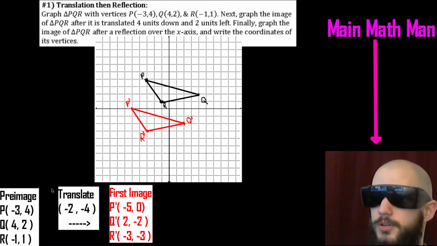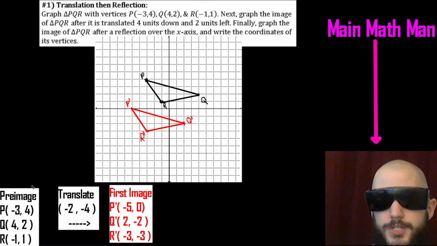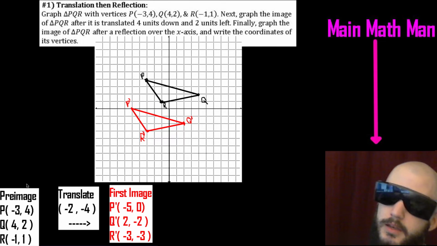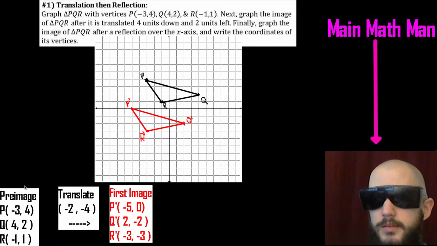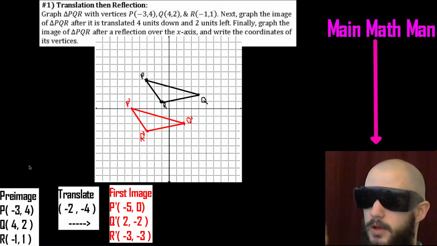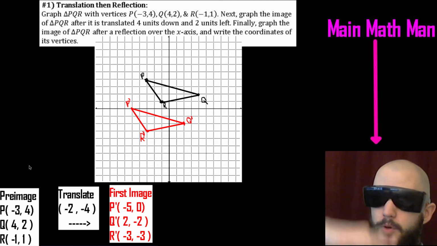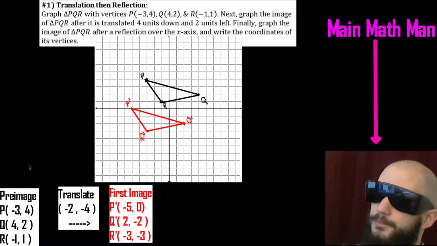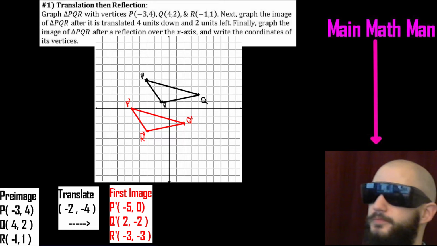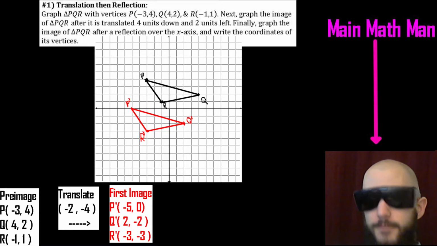Make sure that you're using those keywords that we had from yesterday. Make sure you're using that diagram and graph, so that way you know if I'm going left to right, I'm using my x. If I'm going up or down, I'm using my y. So I translate and I get my first image.